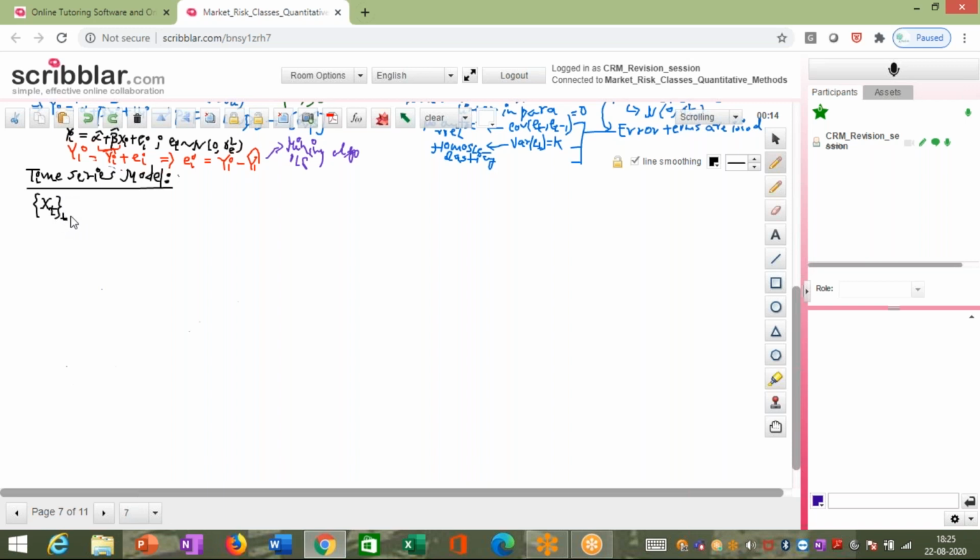So we have t equal to 1 to k. What we are trying to understand is what are the factors affecting the prediction of xt.